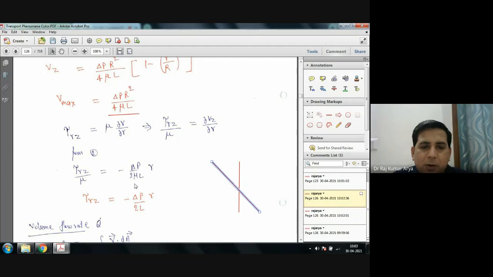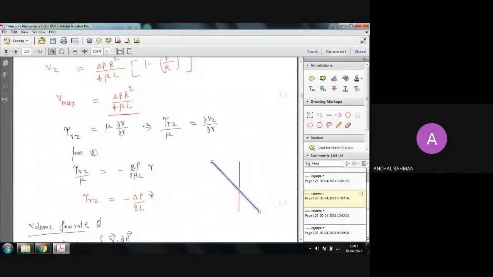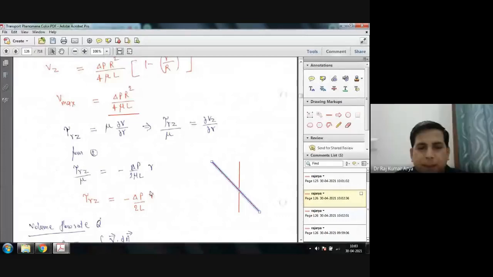Now, if you want to calculate the force applied on the fluid, that would be different, because as you go on top, this magnitude is coming minus, right? And here, what would be the plane?